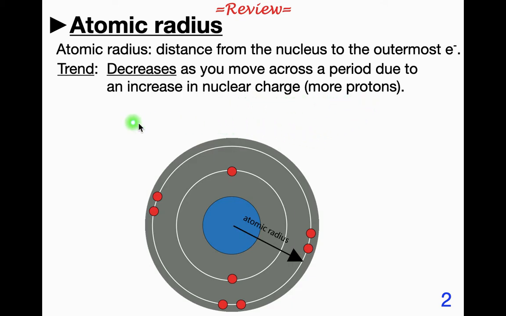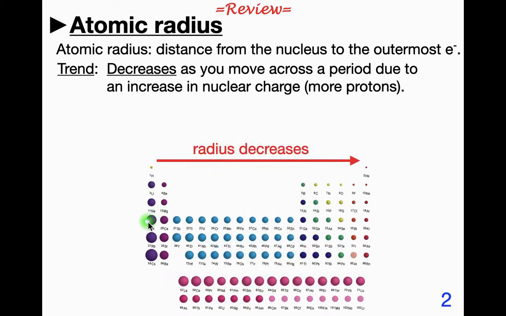So as we move across a period, you're going to be adding more and more protons to the atoms because the atomic number gets greater and greater. So the positive charge of the nucleus becomes greater. It'll pull the electrons in more and more tightly. So as we go across a period, atoms get smaller and smaller.